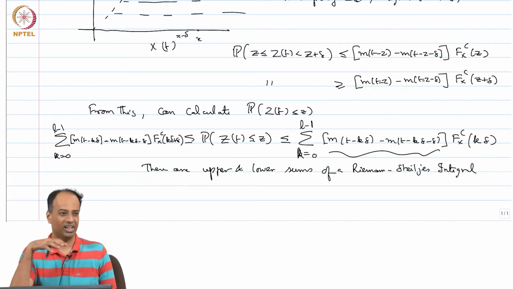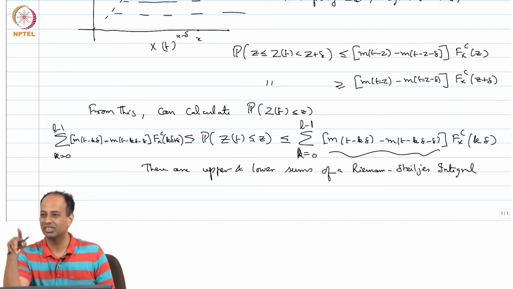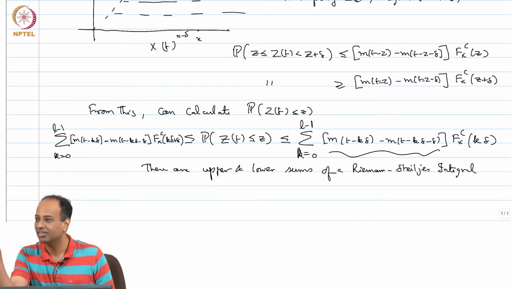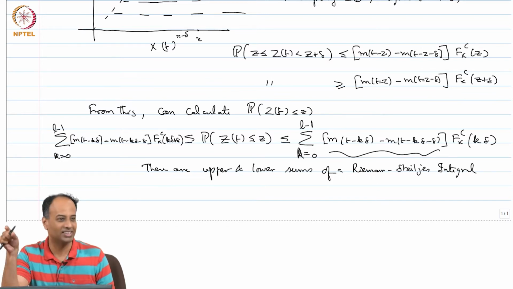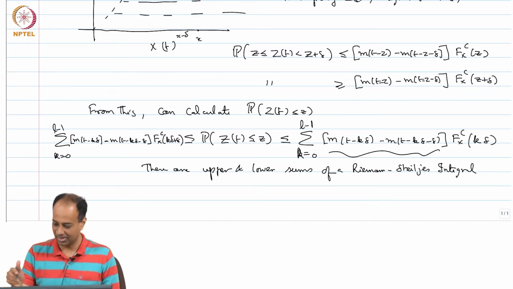See, even before, I have written something like this, right. When I write the integral of some function g of x d f of x, that is also technically a Stieltjes integral, right. It is not just dx, I am writing d f x. Okay.